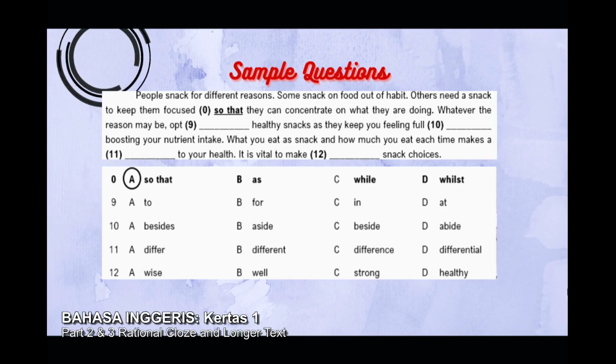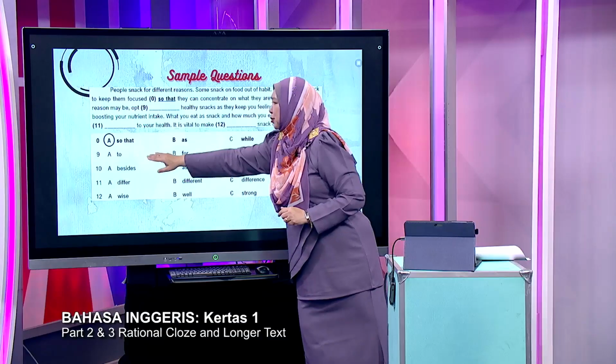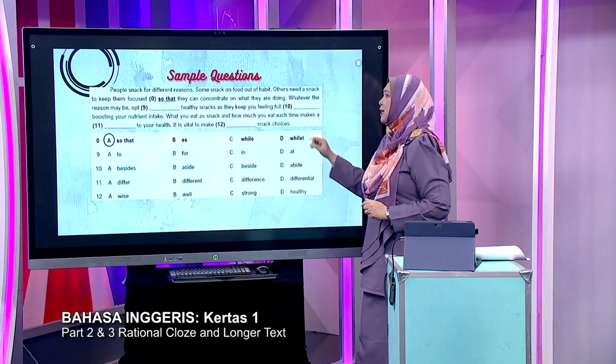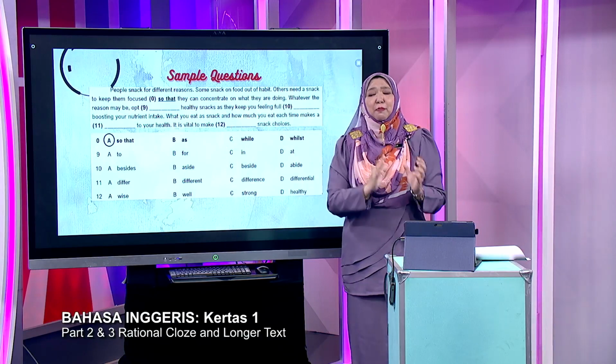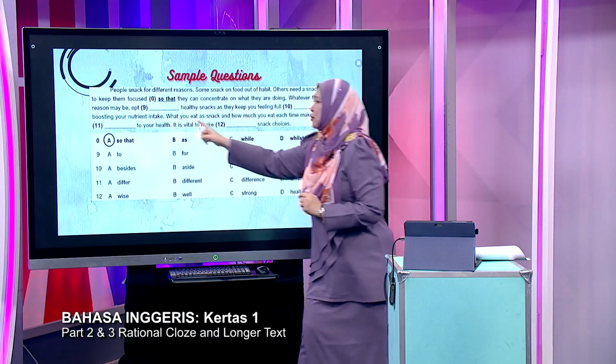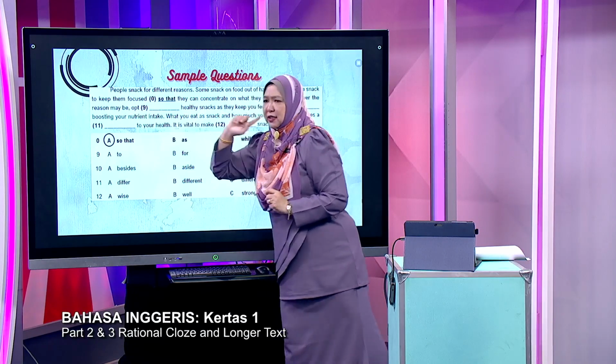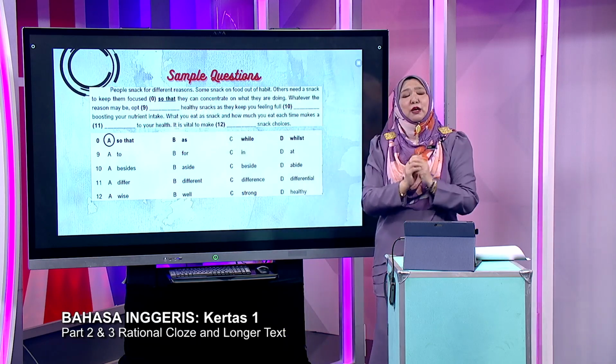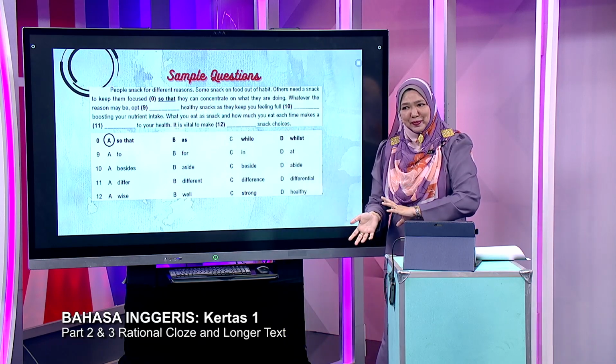Whatever the reason may be, the first blank here, number 9, we have options A, B, C, and D. Is it opt to, opt for, opt in, or opt at healthy snacks? So, opt what? Here we need a phrasal verb.